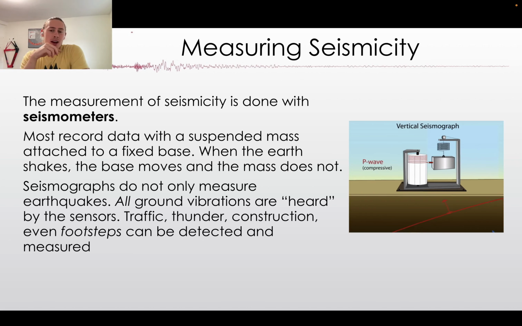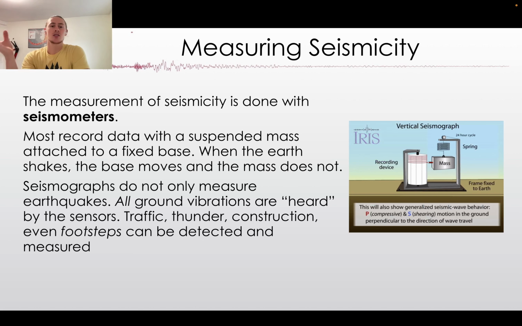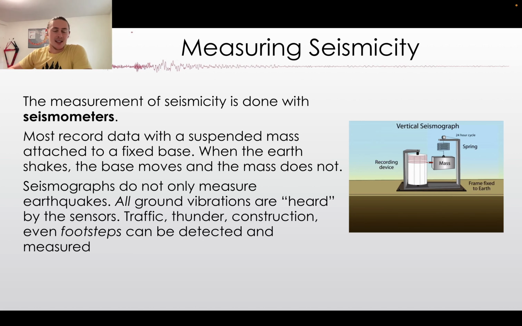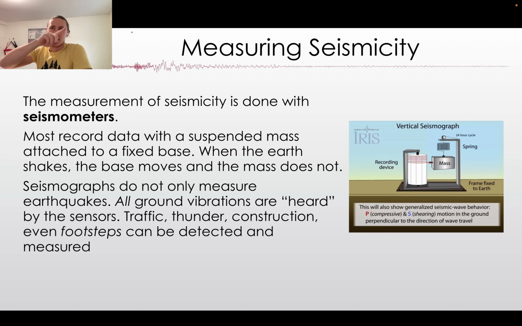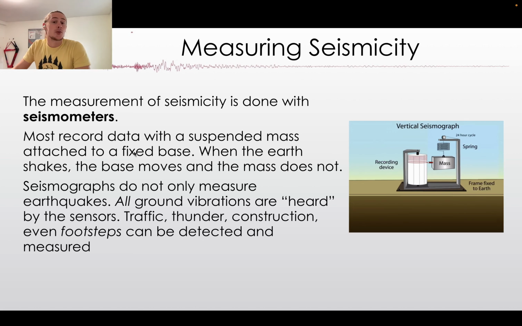So seismographs measure and record. Usually a seismograph includes some sort of system to not only sense the data, but also process that data and record it and save it. And then seismogram, the gram is just the plate. I'm not sure what exactly that means, but it's just the graph, the waveform, like the result.